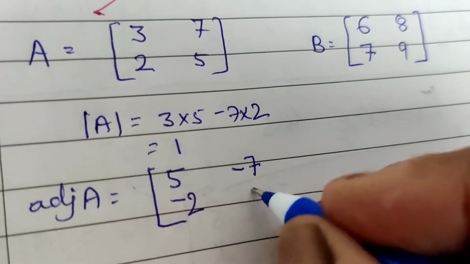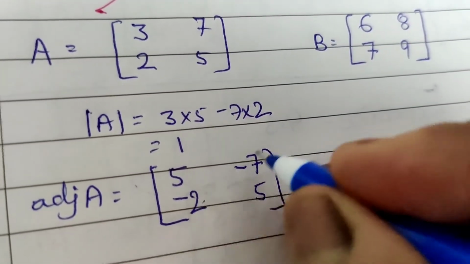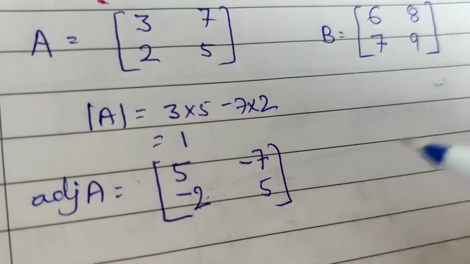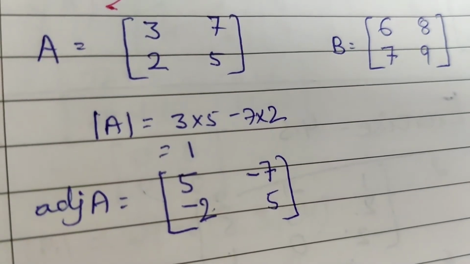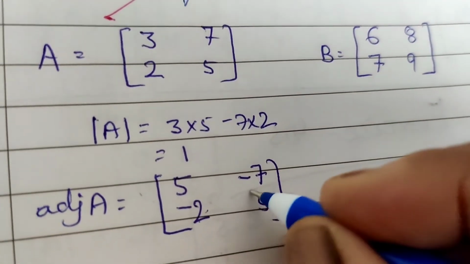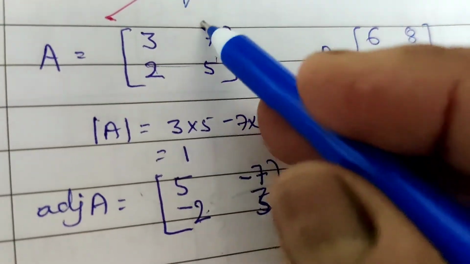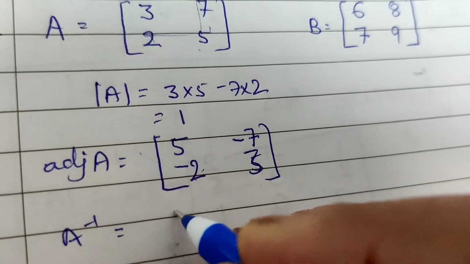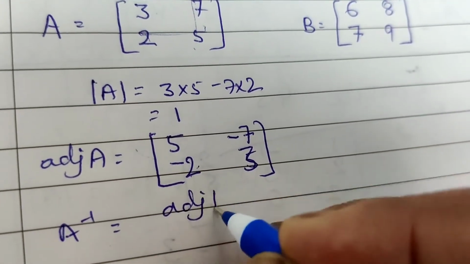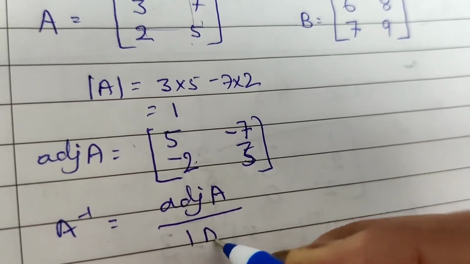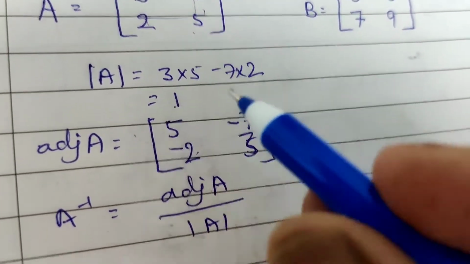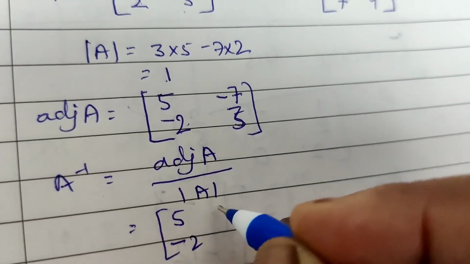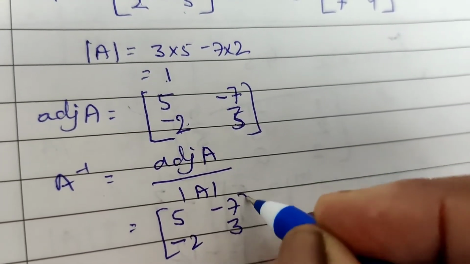Here we take the minus sign for 1,2 and 2,1. And A22, second and second, is 3. Now A inverse equals adjoint of A divided by determinant of A. The determinant of A equals 1, therefore A inverse is 5, minus 2, minus 7 and 3.